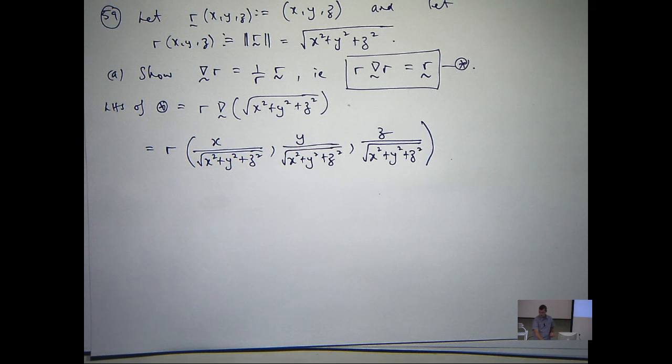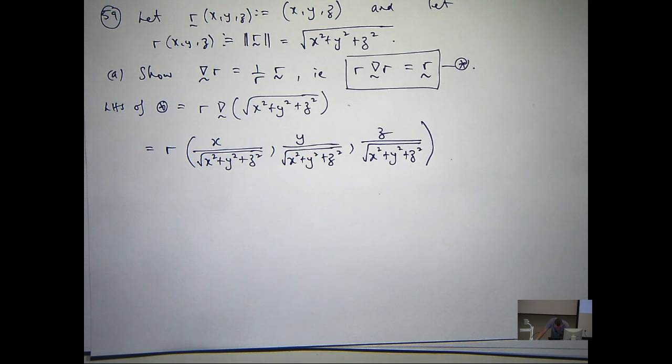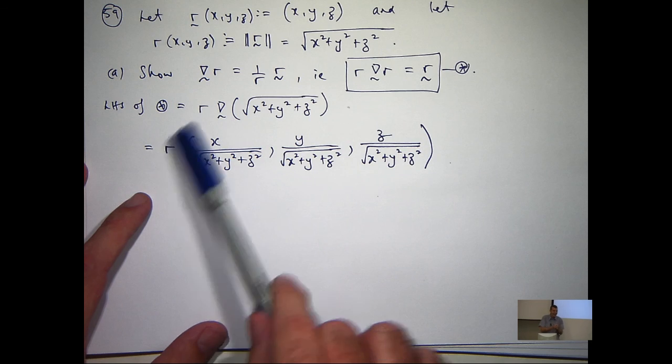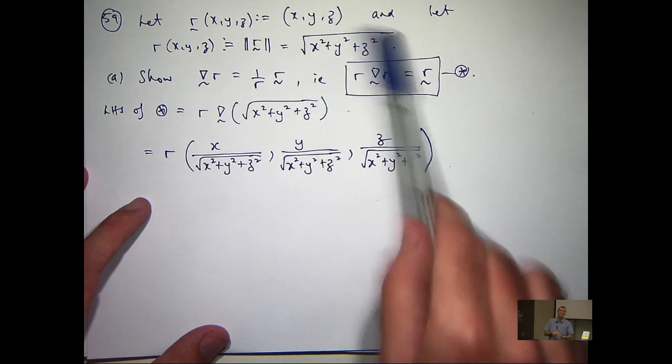Now, notice I've got a common factor of 1 on root x squared plus y squared plus z squared, so I can actually take that out the front. And what I can do is cancel with that r, because r is just the same thing. It's the square root of x squared plus y squared plus z squared.